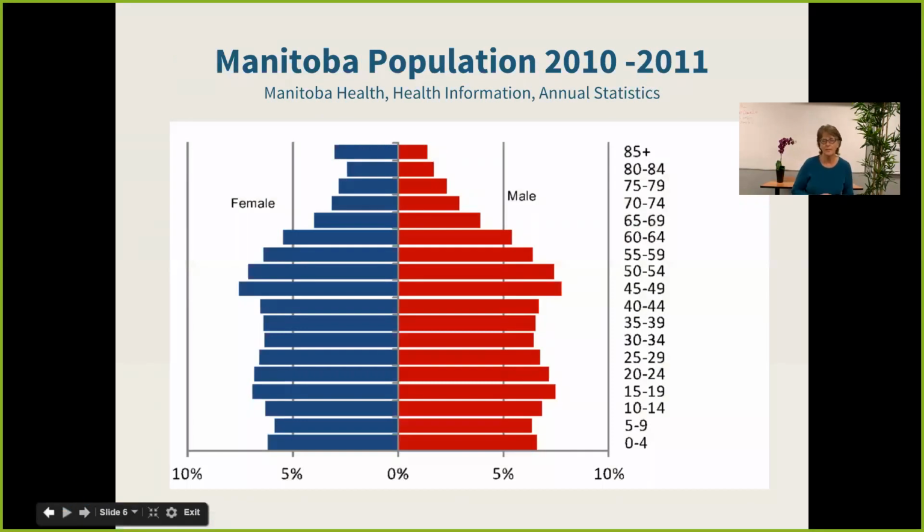So this is just looking at the Manitoba population. You'll see that there's this big bulge of people between 45 and 65, although this is 2011, so this is already 5 years old. This big bulge is what we call the baby boomers. They were the people who were born after the Second World War, after 1945.